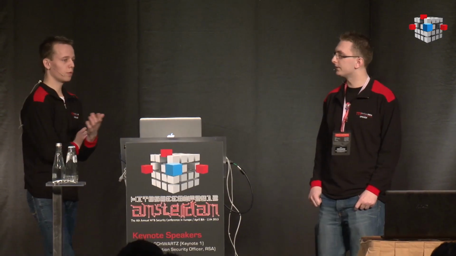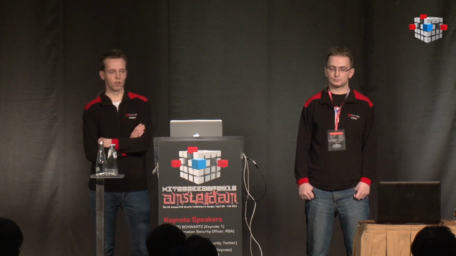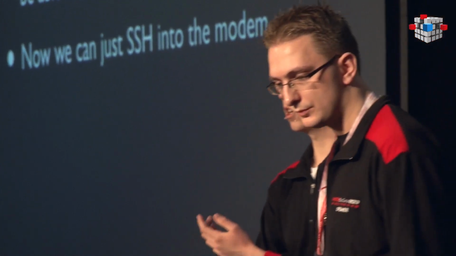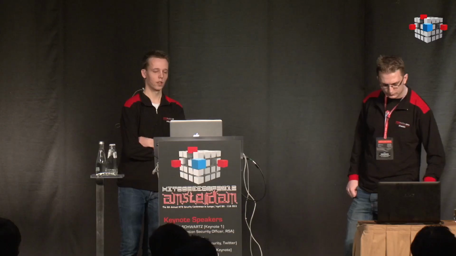But now we wanted to get something more persistent. So, for example, we want to just SSH into our modem and get a regular bash shell. So we thought, okay, when we SSH into our machine, we get this Zeiss shell. So how does this Zeiss shell work? Why don't we get a regular bash shell?